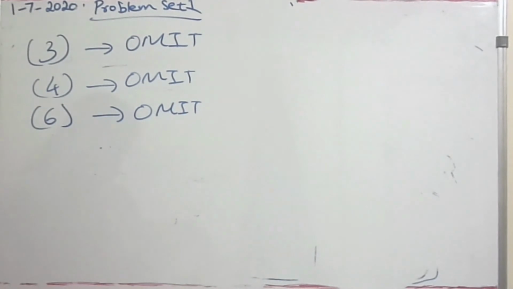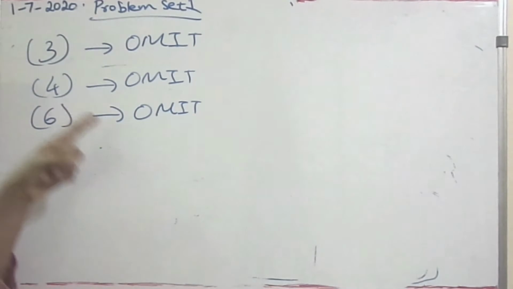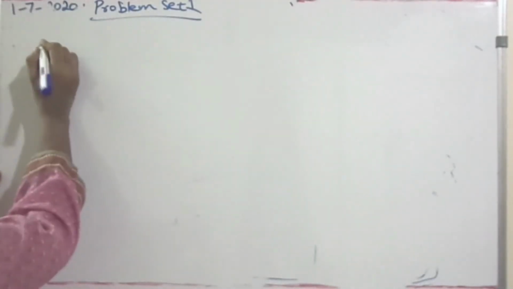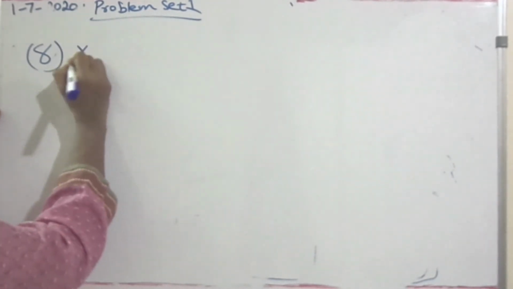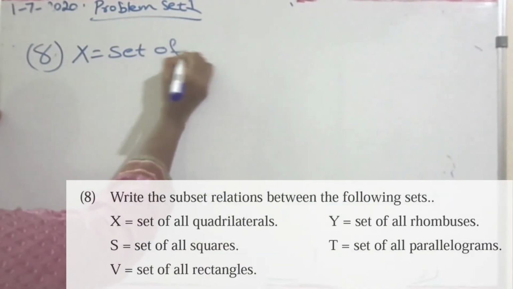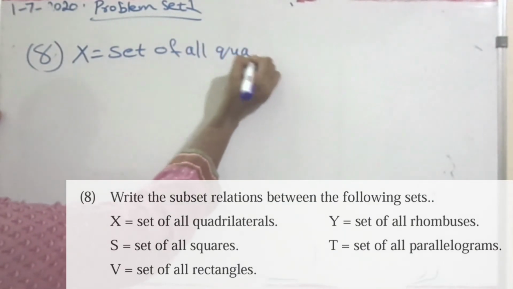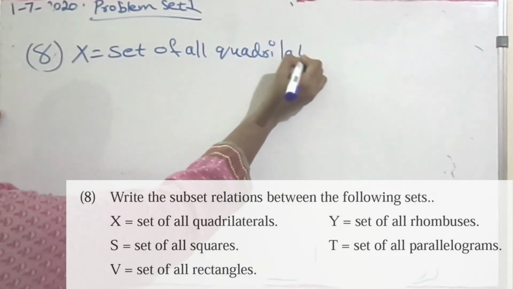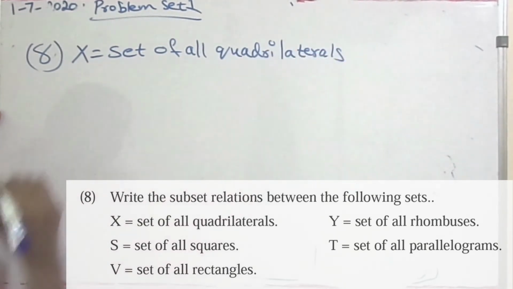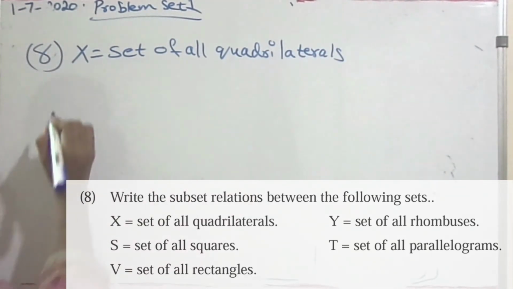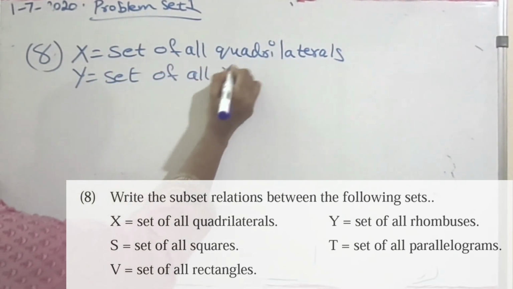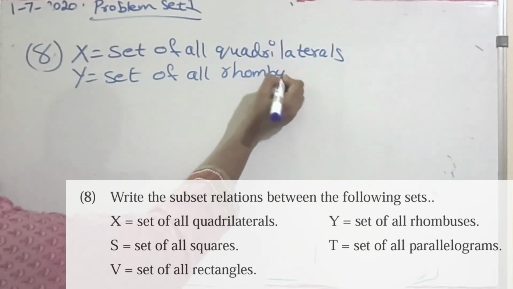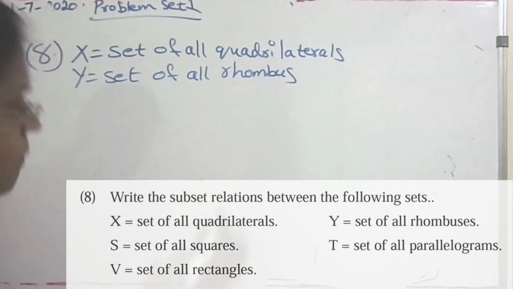Write the subset relation of the following sets. Have you noted down the omitted sums? Question number 8. Write the subset relation for the following set. X is set of all quadrilaterals. Y is set of all rhombuses.